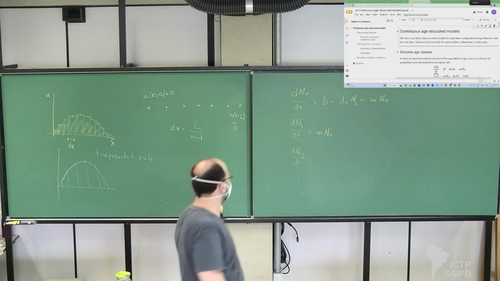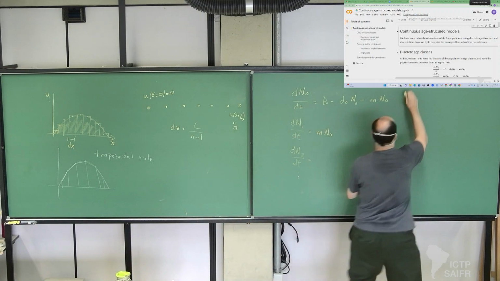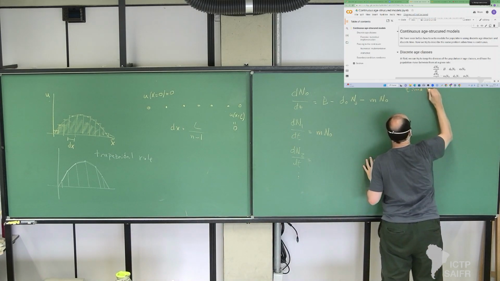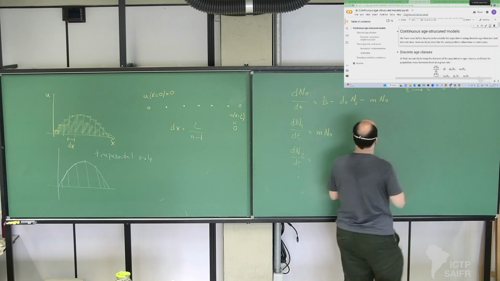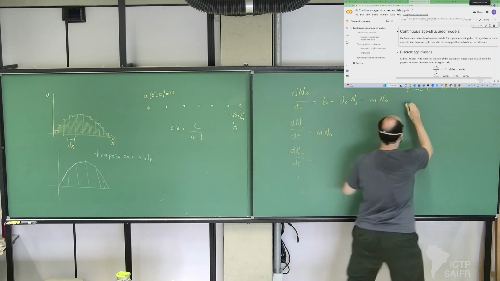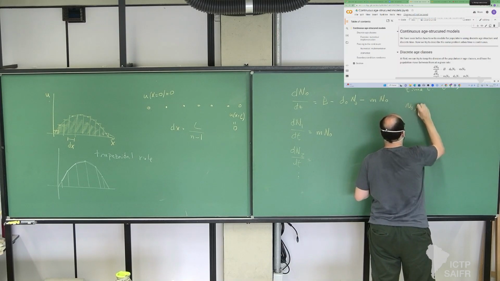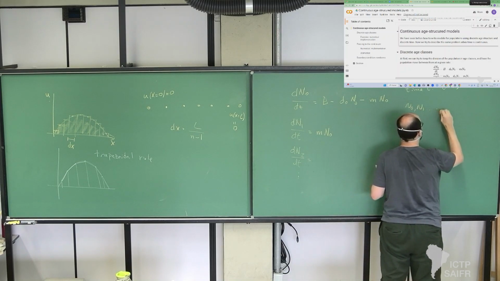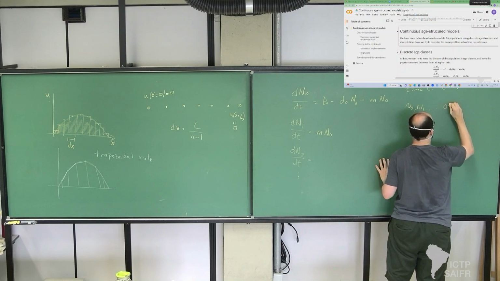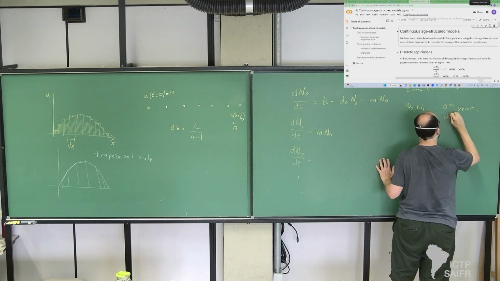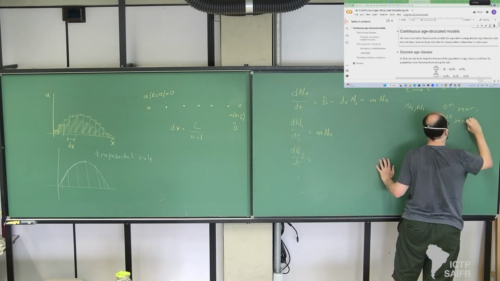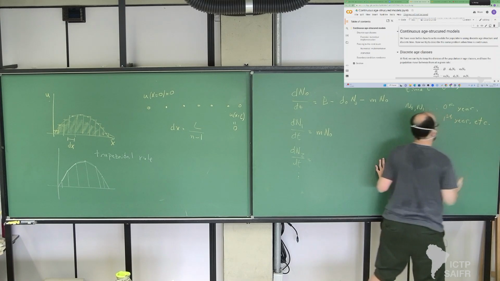Suppose that I'm measuring time, so my t is measured in days, okay? And 0, 1, and so on is the 0th year, first year, etc. All right?